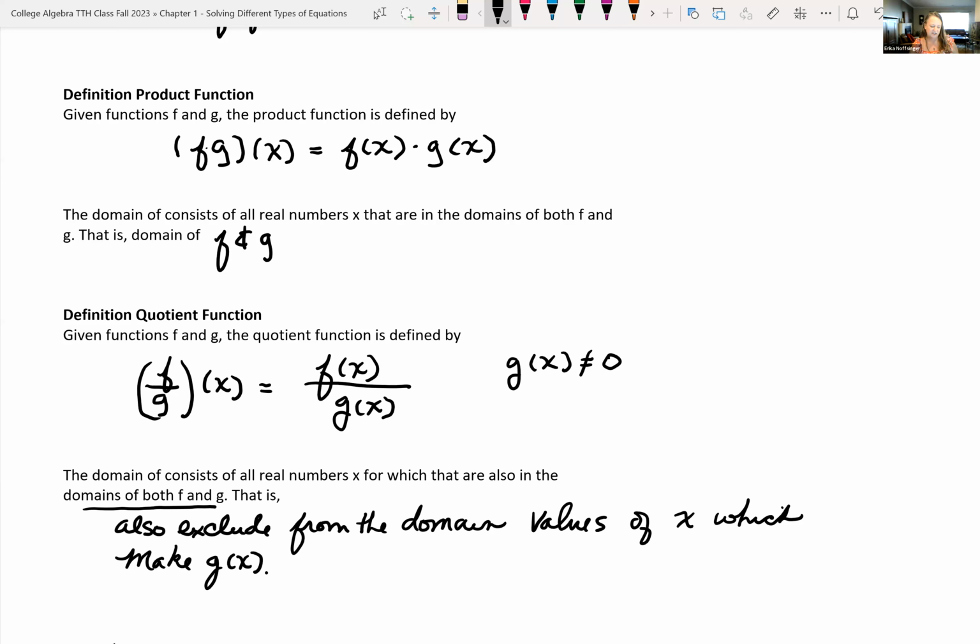So you're looking at the intersection of the two sets of the domain of f and g, what they share in common. And if needed, we're going to exclude the value which sets our denominator equal to 0.